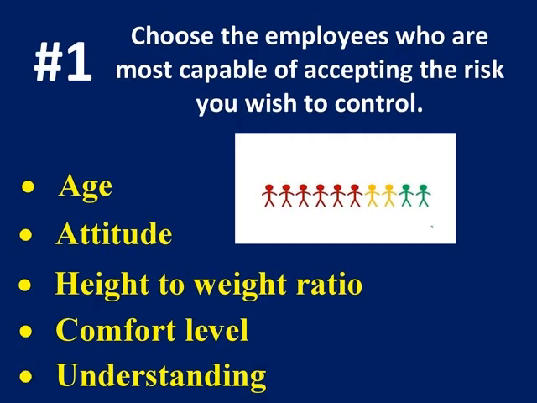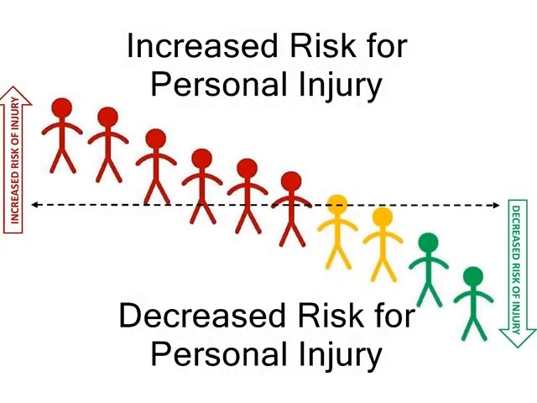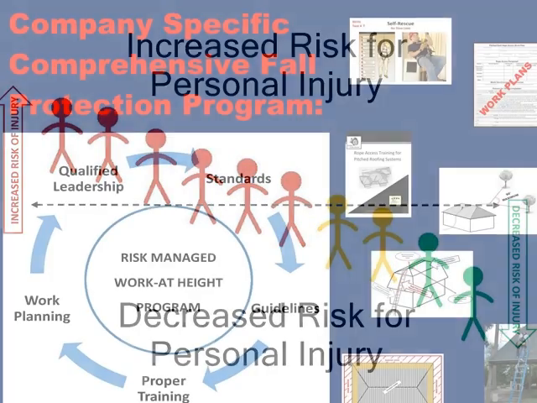Accepting the risk associated with residential roof inspection is not for everyone. It is a strategy that tends to favor those with certain physical and psychological attributes. Companies that force all of their employees into an acceptance strategy, even with the best of training, may reduce the risk of injuries for some while increasing the risk for those who should have never been chosen for the job to begin with.